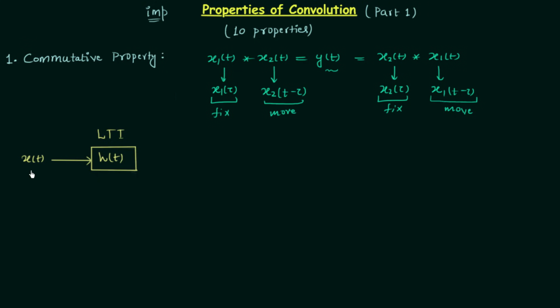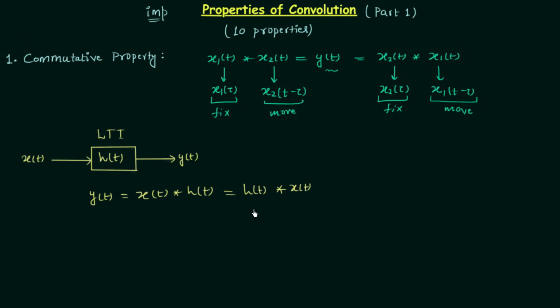So we have impulse response, we have input, and we are interested in calculating the output y(t) of the system. And we already know the output y(t) of the system can be calculated if we convolve x(t) and h(t). Now according to the commutative property, x(t) convolution h(t) will be same as h(t) convolution x(t).